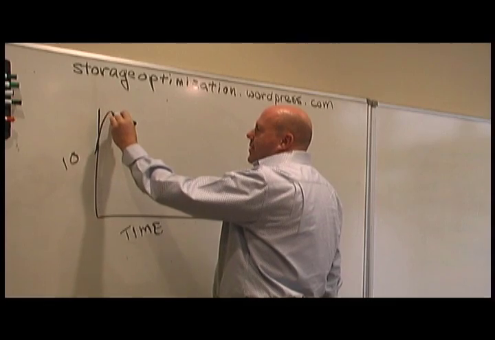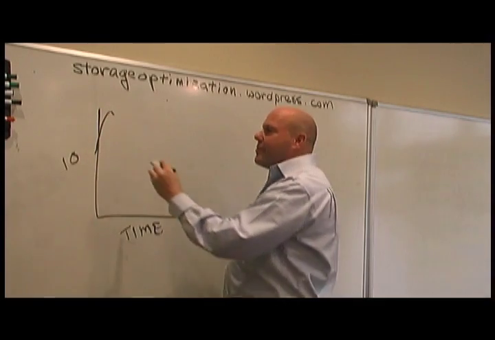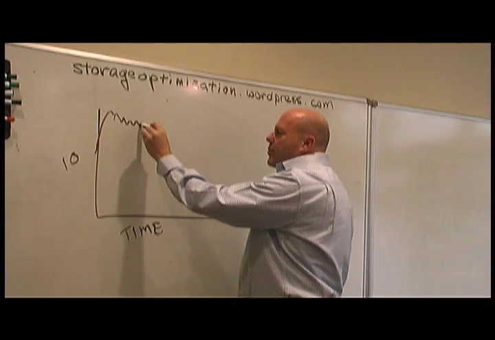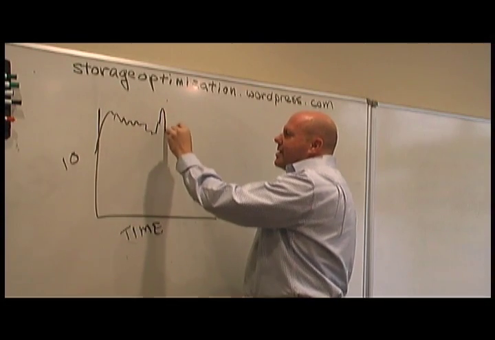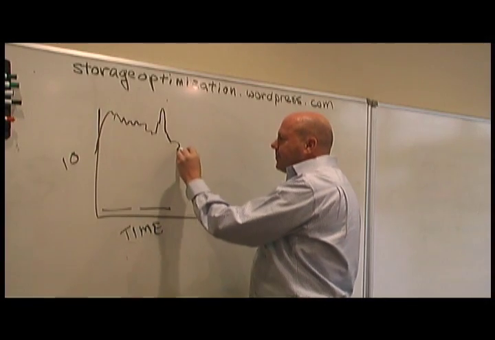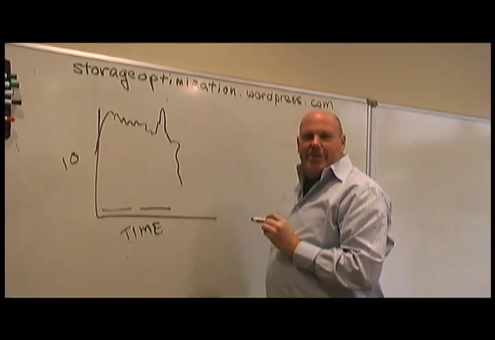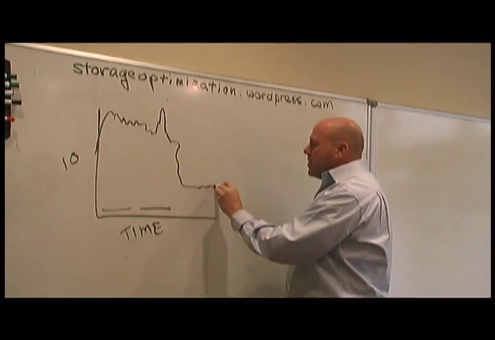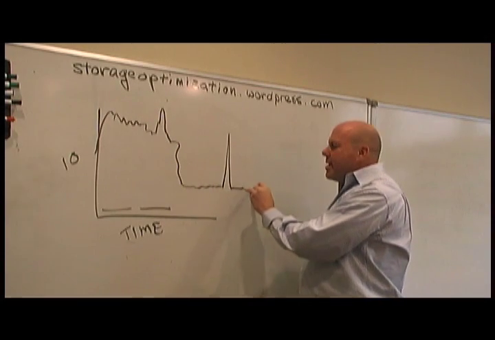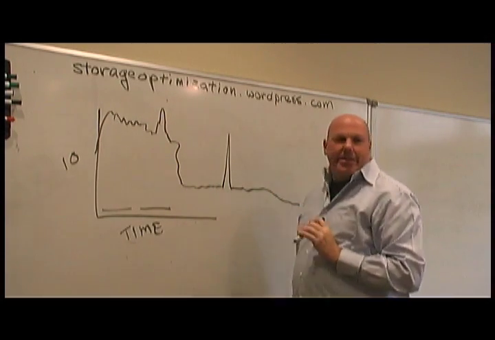You upload that photo, you send links to your friends, so maybe they look at it. You order a print or a t-shirt or a mug, so some I/O happens. After a couple of weeks, nobody's looking at that photo very much anymore. You know, it might come along here, and a year later you'll order a photo for a birthday party, but this is what happens with the histogram.